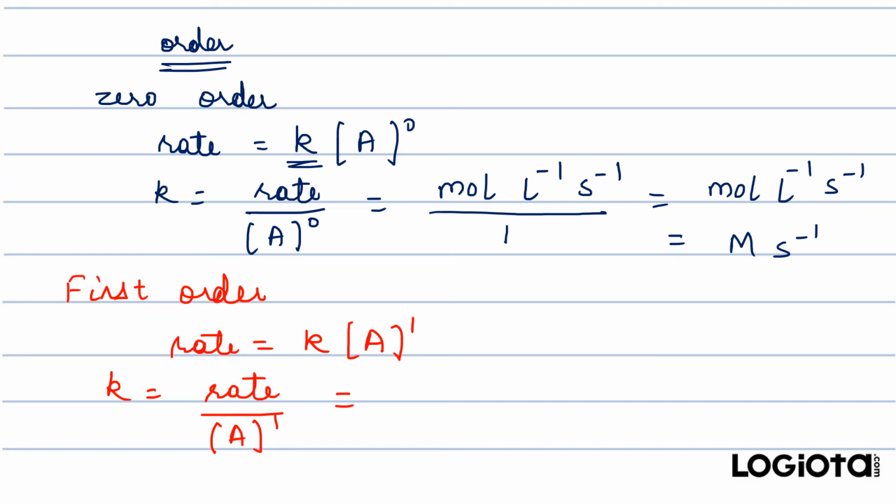The rate units are mole liter inverse second inverse, divided by A, which is also a concentration, so mole liter inverse. These two get cancelled and you are left with second inverse. So the units for the rate constant for the first order reaction are second inverse, or minute inverse, or hour inverse. It depends upon the units in the question.